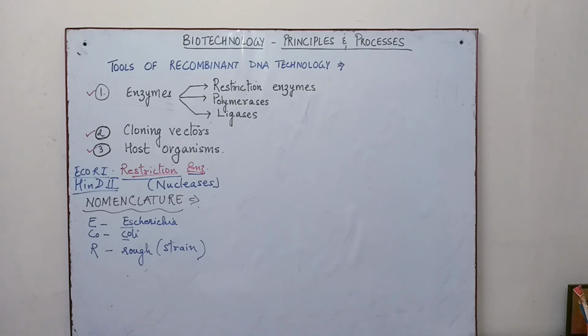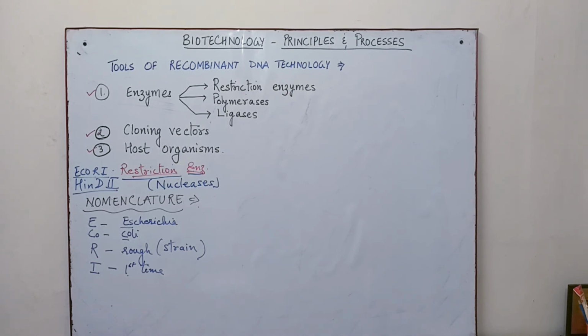The last part is the Roman numeral, over here it is 1. That corresponds to the order in which the enzyme is isolated from that strain of bacteria. For EcoR1, this is the first time. So this is the nomenclature in which the name is assigned to the restriction enzyme.